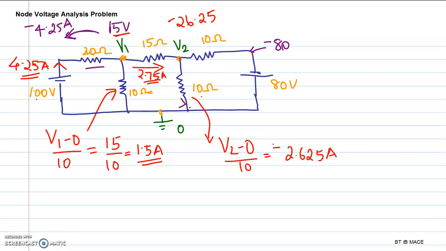Therefore the actual direction is upward, 2.625. That current is moving upward. If you are marking it downward, then you have to write it as negative of 2.625.